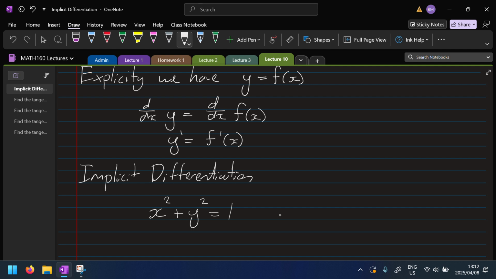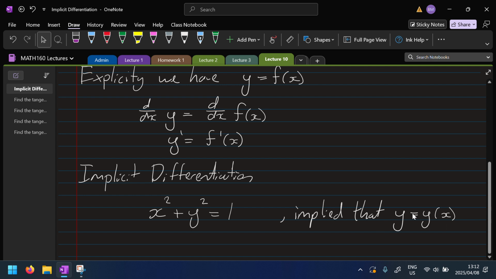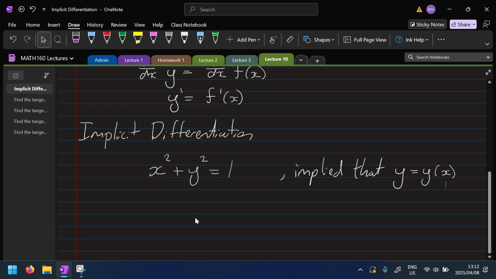However, it's implied that this y is in fact a function of x. So it's implied that this y is actually y of x, but we don't write it out fully. We just write it as y, but we know that it means y of x.